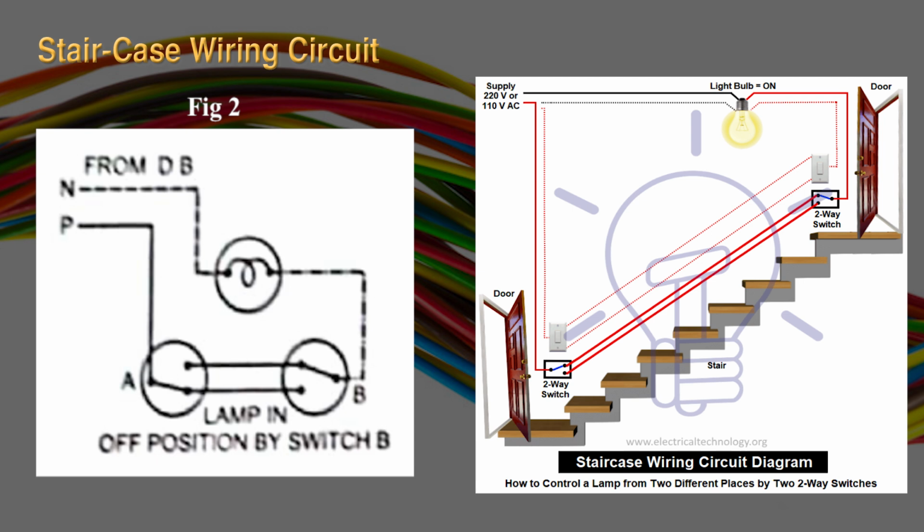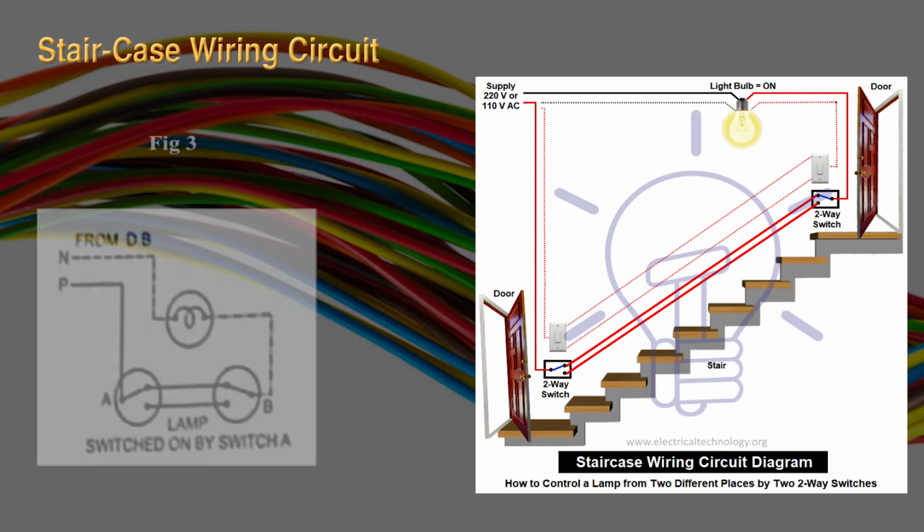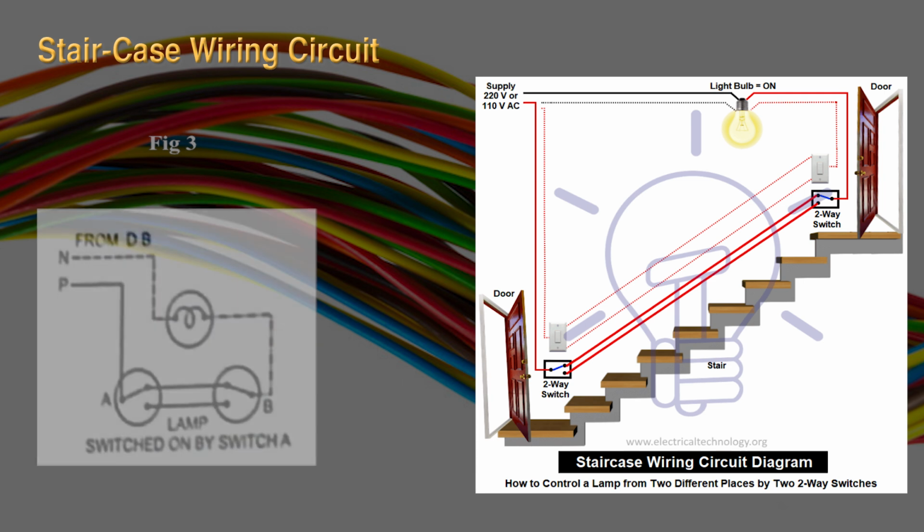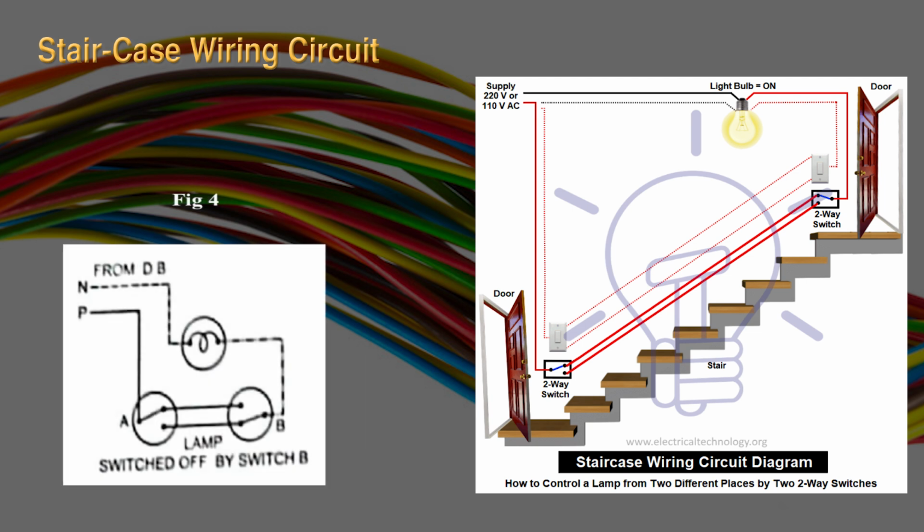Now suppose you are on the ground floor and again you want to switch on the light. Just operate switch A, and in figure 3 you can see how this bulb can be switched on by switch A and switch B. Similarly, figure 4 shows it being switched off by switch B. So this is how you can connect the staircase wiring circuit.